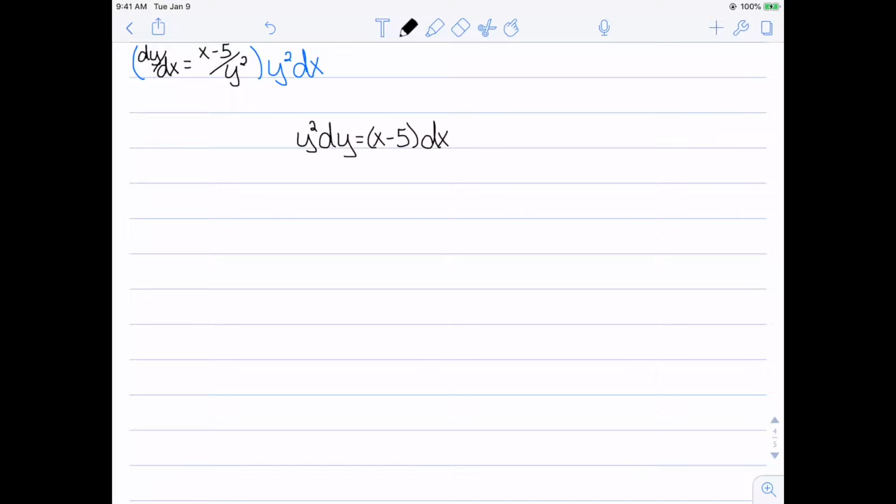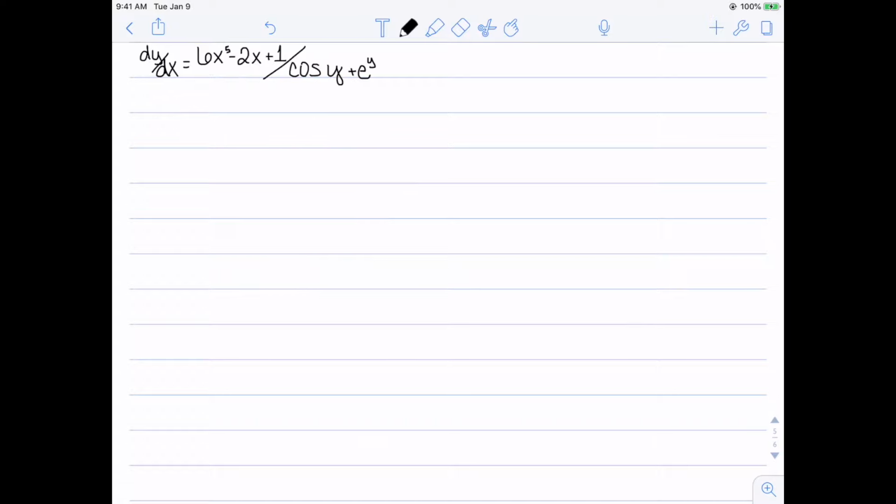The next step would be to integrate both sides. We know the integral of y^2 is 1/3 y^3. The integral of x is 1/2 x^2. The integral of negative 5 is negative 5x. And then we need our constant of integration. So I now have an implicit solution, 1/3 y^3 = 1/2 x^2 - 5x + c.